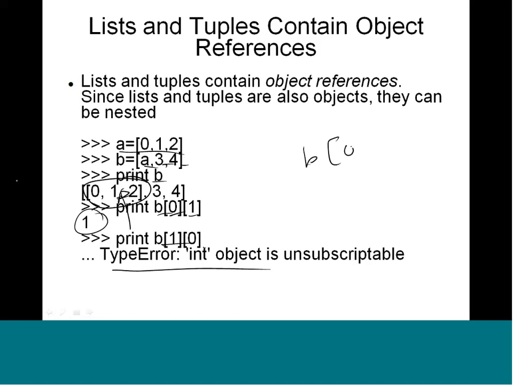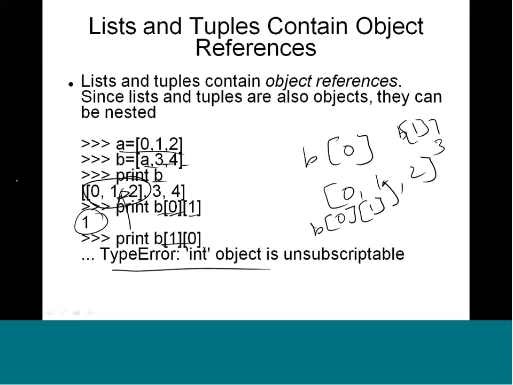If you just print B[0], that is 0, 1, 2, and B[1] is 3. So B[0][1] is actually this object, which is 1, whereas B[0][0] is just 0.